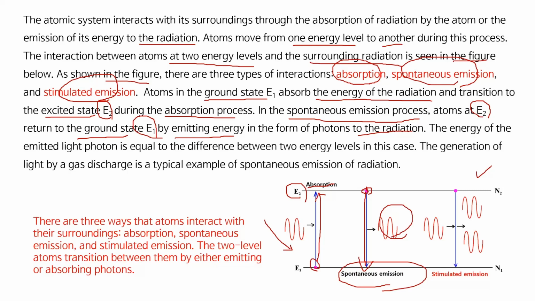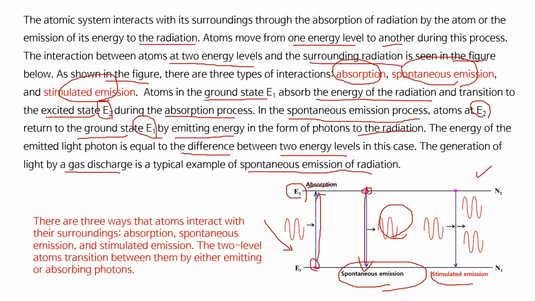The energy of the emitted light photon is equal to the difference between two energy levels in this case. The generation of light by gas discharge is a typical example of a spontaneous emission of radiation.